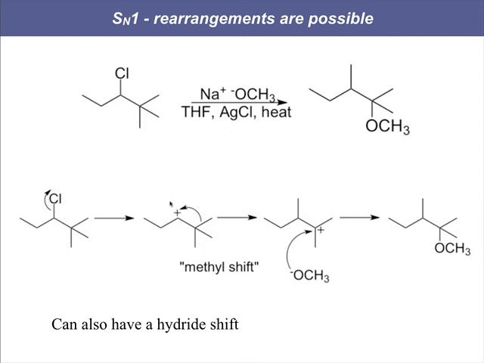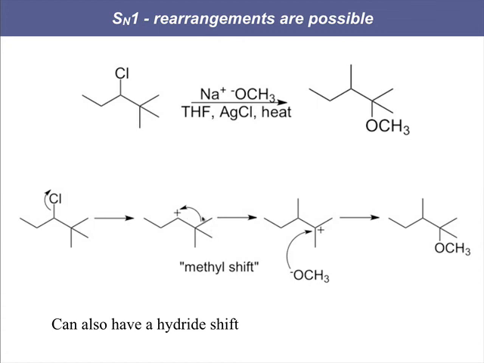As soon as we make that secondary cation, we immediately do a methyl shift and we get to the tertiary. So the tertiary will be around much longer than the secondary. So we simply have much more likelihood of a nucleophile finding a tertiary than it would finding the secondary. That's called a methyl shift.